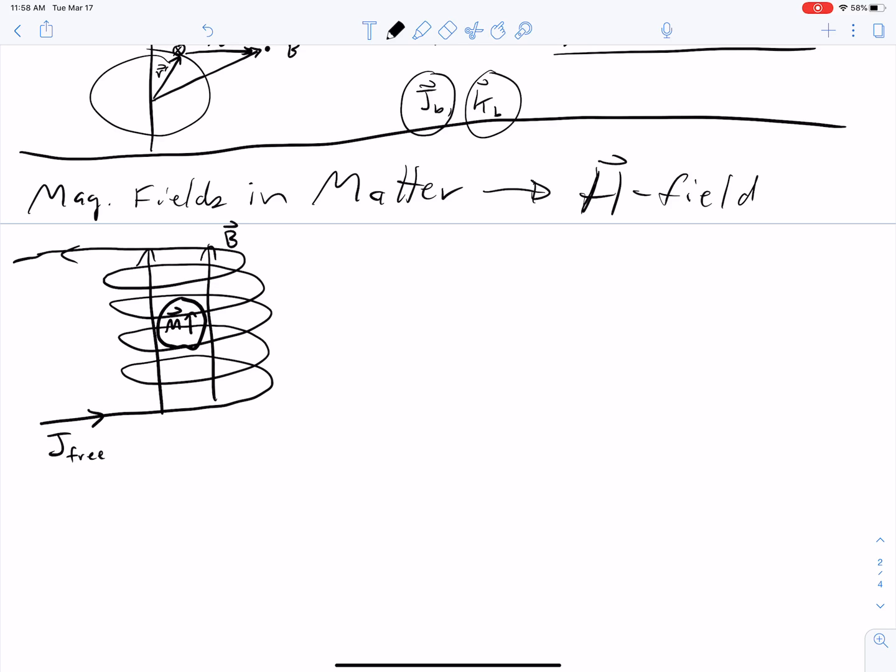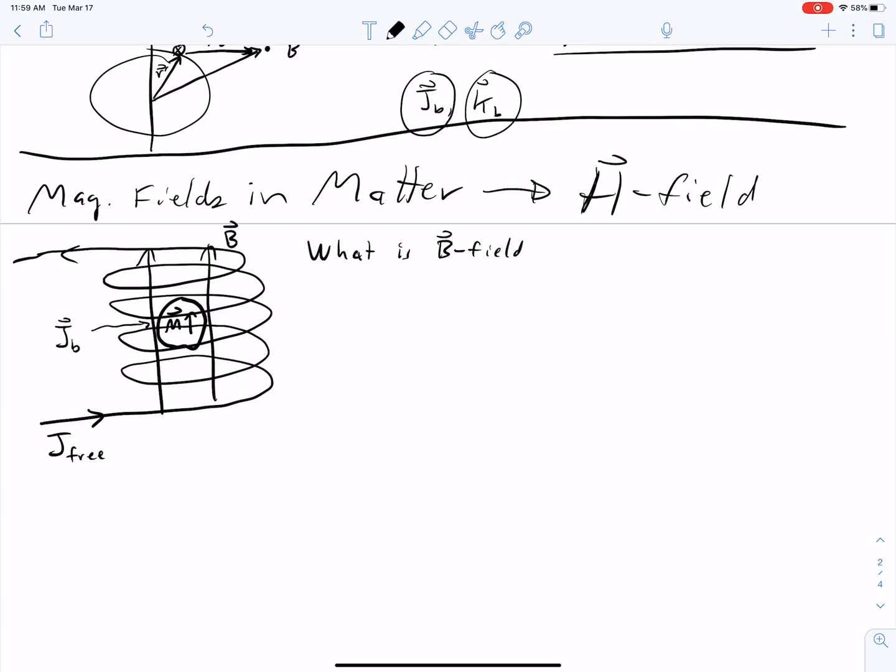And this magnetic material will, of course, have some bound currents, right? There'll be some bound currents in that material, depending on the details of the magnetization. Okay, and so the question I want to answer is, what is the B field?